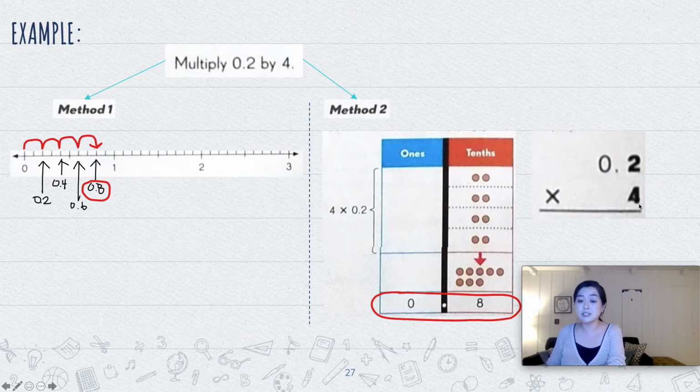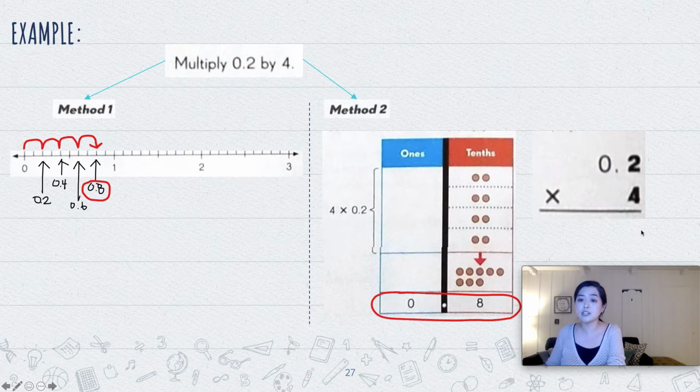So you can just leave it in the lowest place value column when you multiply. Although 4 is the same thing as 4.0, we're not going to do that here. You can just multiply 0.2 times 4 because it's the same thing as saying 4 groups of 0.2. And we're putting 4 underneath the tenths because that's the lowest place value in the decimal.